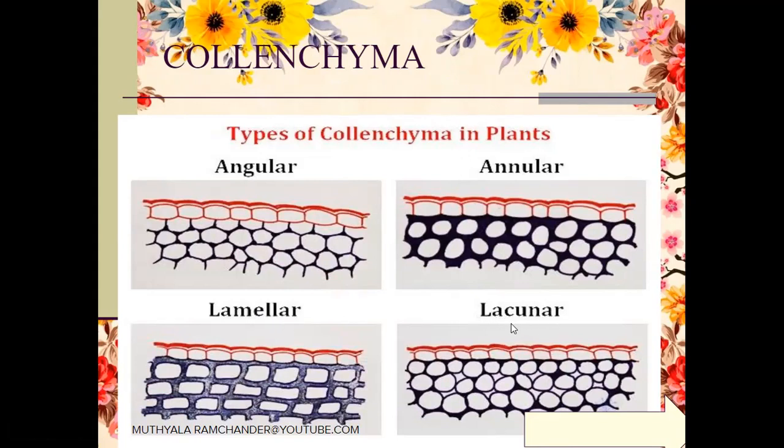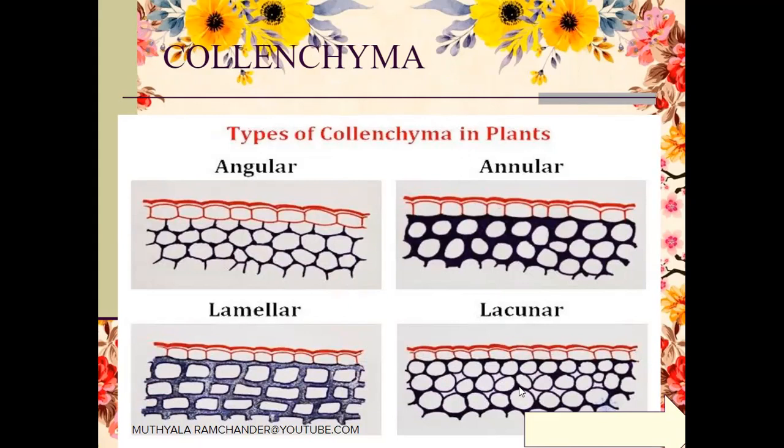And the fourth one is lacunar collenchyma. Lacunar collenchyma contains intercellular spaces. The rest of the three collenchymas are compactly arranged without any intercellular spaces, but in lacunar collenchyma, intercellular spaces are present. In the intercellular spaces, cell wall chemicals like hemicellulose, cellulose, pectin, lignin are deposited.